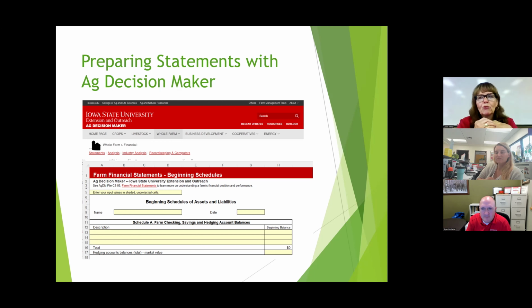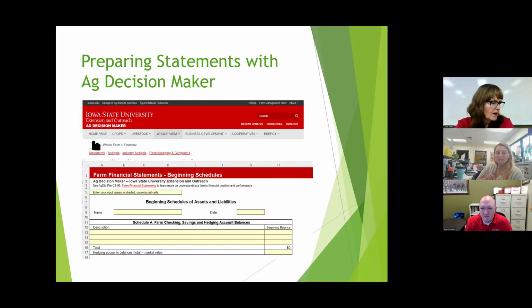It helps people to think, oh yeah, I do have to put in a cost for chemicals, or a cost for supplements for my livestock. It's a little bit of a cheat sheet to help people think their way through their own operation. And that's good information for me to use with FinPac or again with Ag Decision Maker.